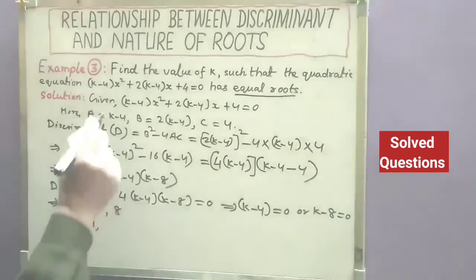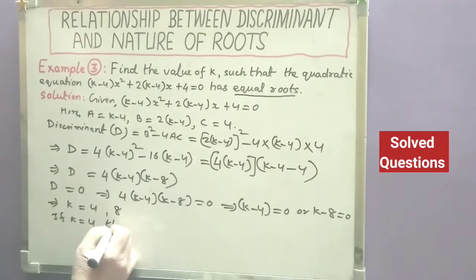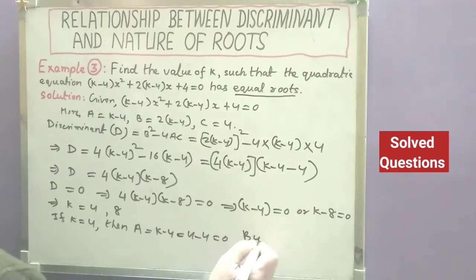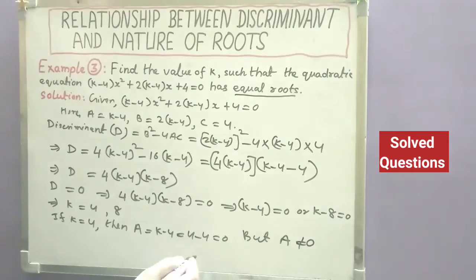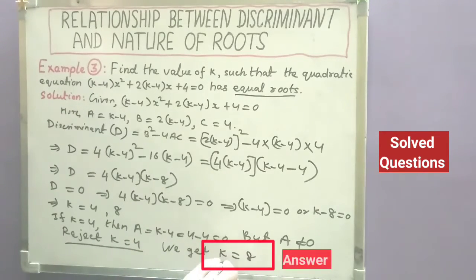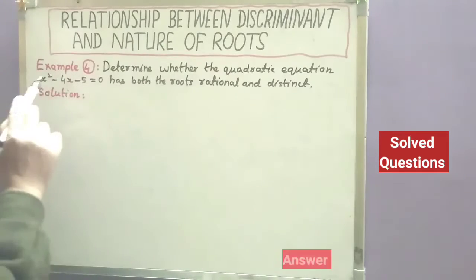If k = 4, then a = k − 4 = 4 − 4 = 0. But a can't be equal to 0. So reject the value k = 4. So we get the value k = 8, which is your required answer.